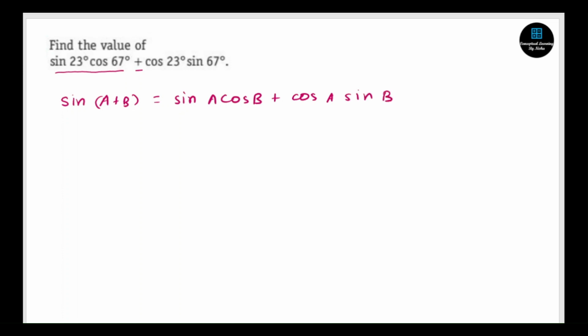Applying it, we get sin(23 + 67 degrees), and 23 plus 67 gives 90, so sin 90 degrees, which is 1, correct? Very easy question.